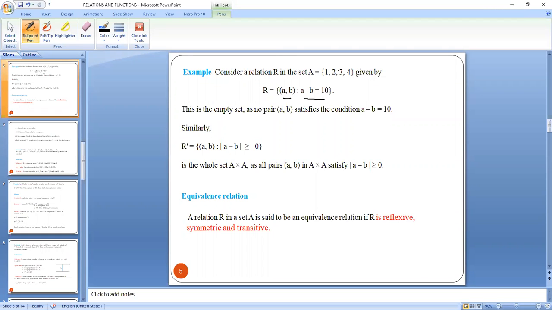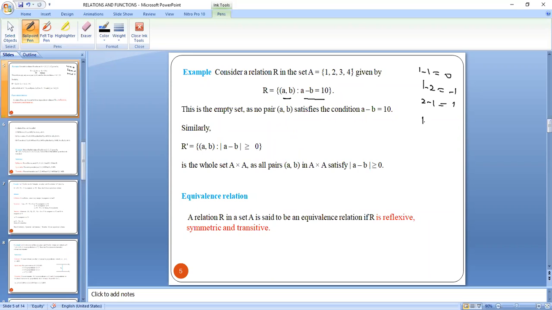Then if we take A minus B equal to 10, take the difference of any two elements. 1 minus 1, 0. 1 minus 2, minus 1. 2 minus 1, 1. Right? Take the difference of any two elements. You will see that there are no two elements such that the difference is 10.